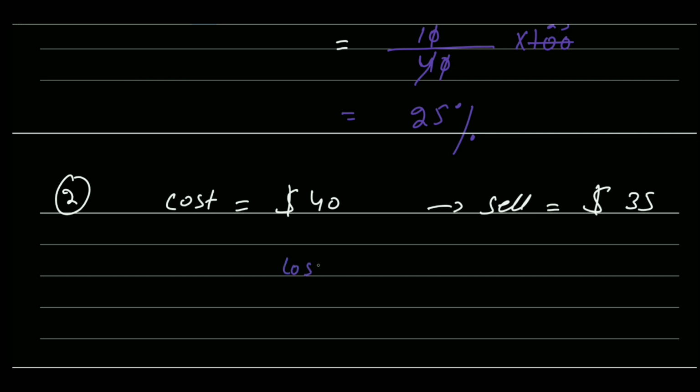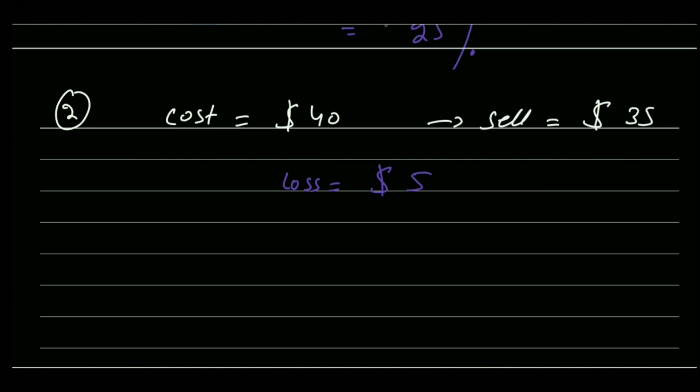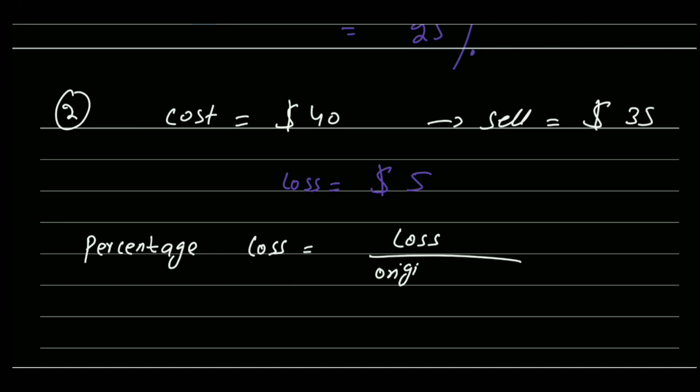The loss will be 40 minus 35, which is $5. So percentage loss is loss over original multiplied by 100.